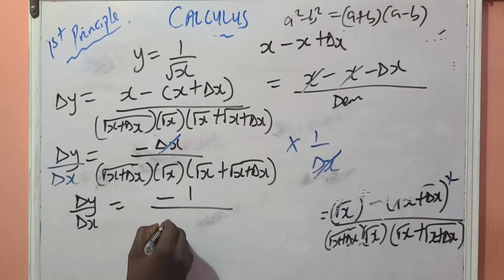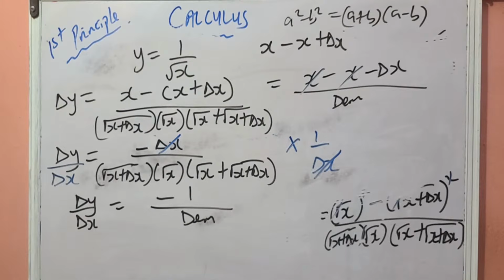let me write it in full, as the denominator, because of the next step. The next step, which is the last step for this question, is for us to take the limit of both sides while the change in x is approaching 0. I have to write this one in full.